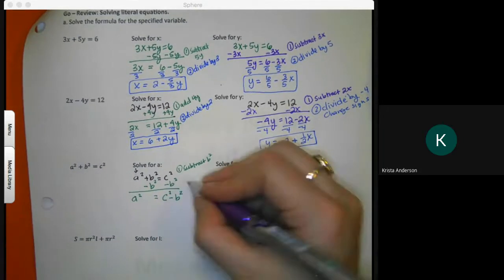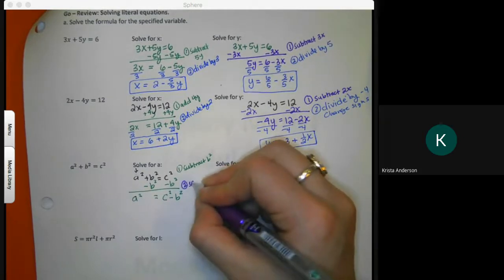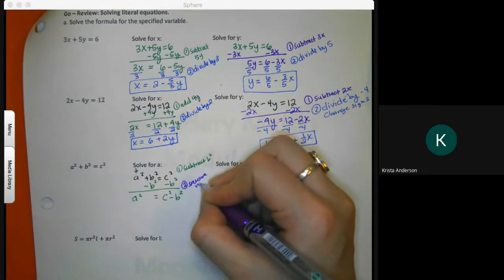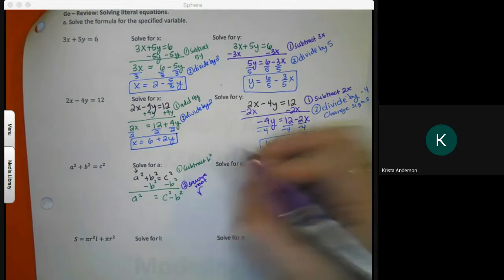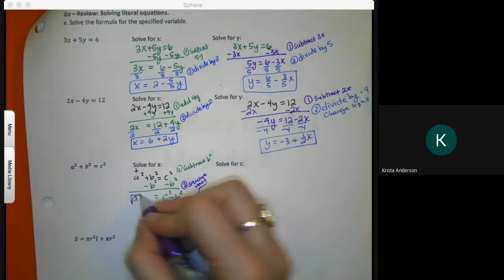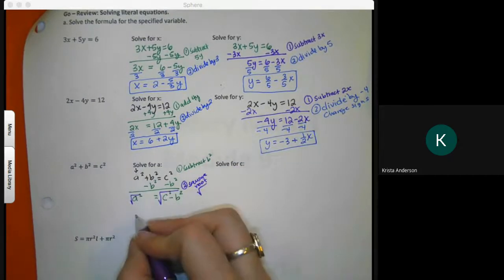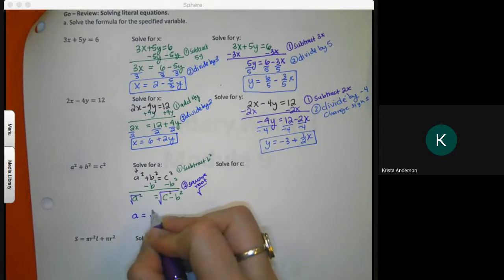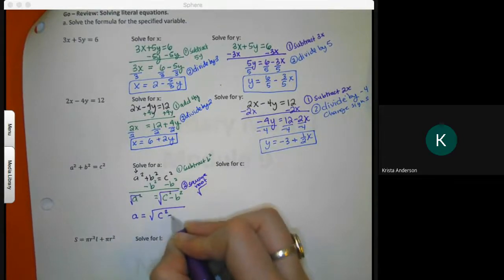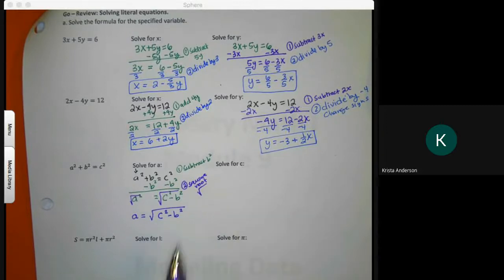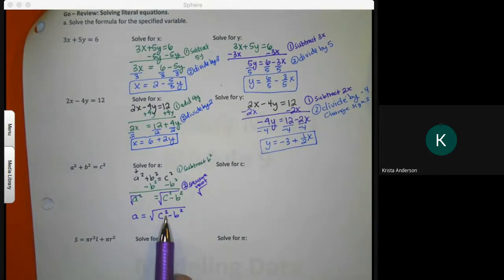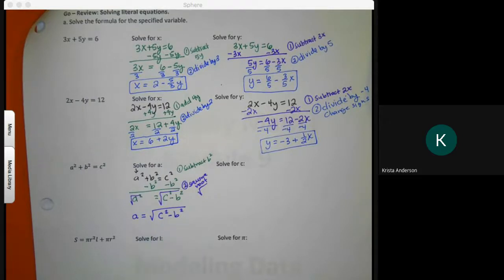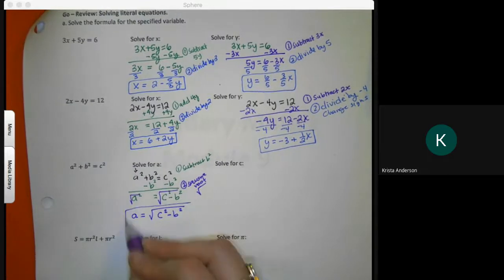Then to get rid of the power, I'm going to square root it to get rid of that little power. So my answer would be a equals the square root of c squared minus b squared. Don't cross off the powers. When there's a plus or minus sign, I can't cross them off and simplify it. So my final answer would look like this.